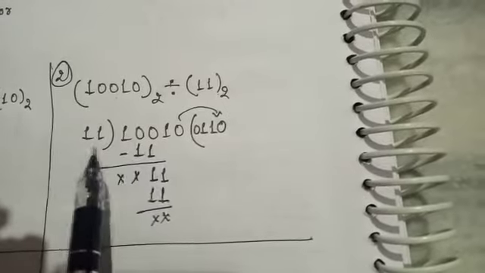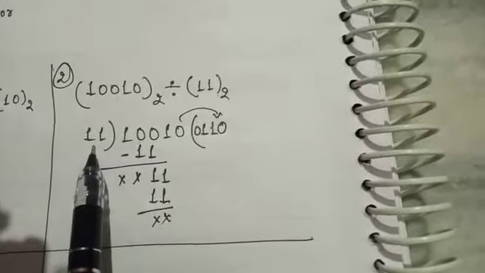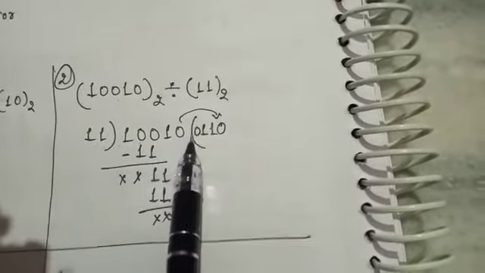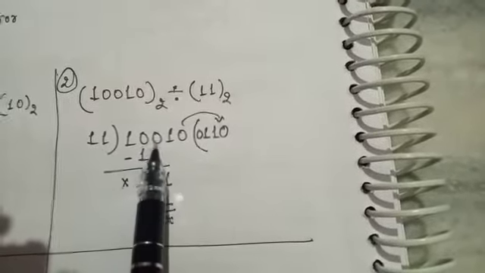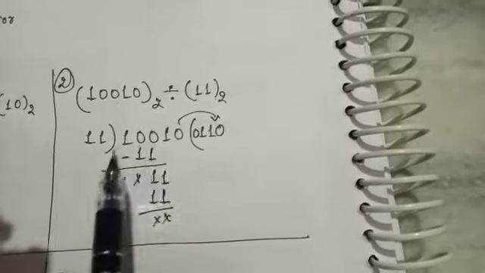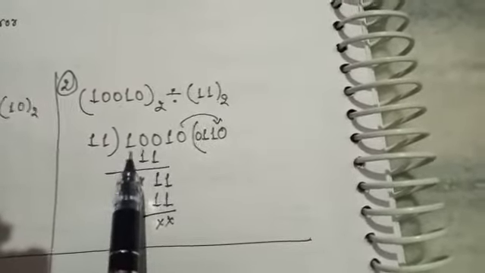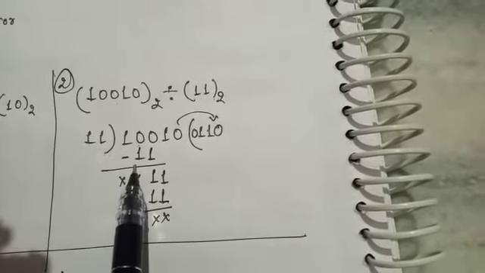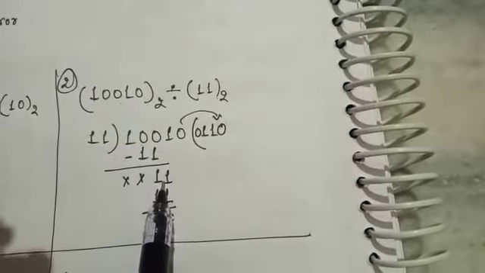Is 10 divisible by 11? No. So according to the division rule we give 0 here. Again we carry on to the next digit. Now the division process is going on with 100. In 100, 11 is divided. So once the division is performed, 11 is subtracted.